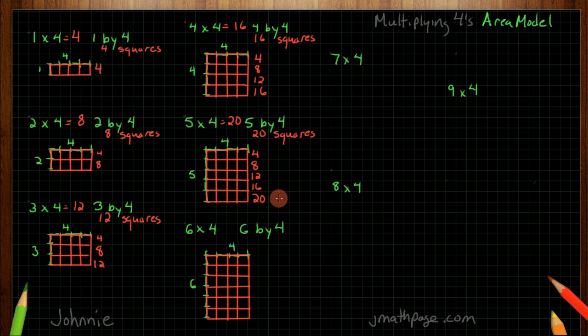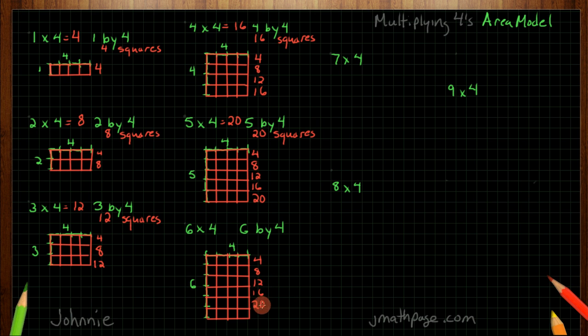Well, this first row must have 4 in it, yes? And the first 2 rows must make 8. The 3 rows will make 12. 4 rows will make 16. 5 rows will make 24. No, 5 rows will make 20.